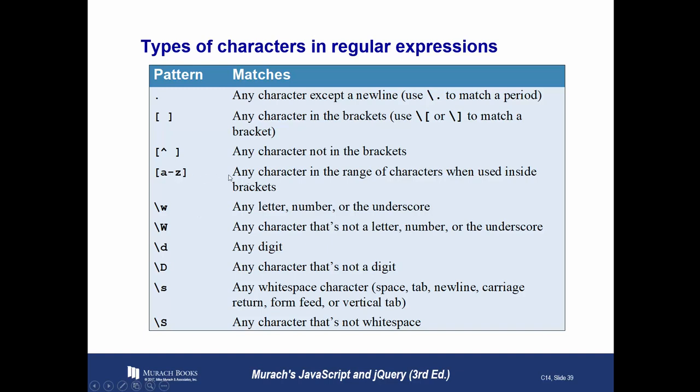If I wanted a range, this would say give me any letter A through Z. If I put a caret before it and then put A to Z, it would say show me any character that's not a lowercase letter.